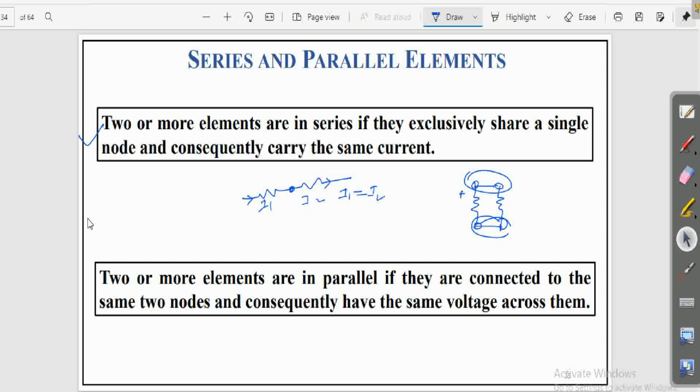It means that here the voltage is V1, here the voltage is V2, so V1 is equal to V2. They are telling that 2 elements are in series if they exclusively share a single node and consequently carry the same current. If 2 or more elements are in parallel, connected to the same nodes, then they have the same voltage across them.